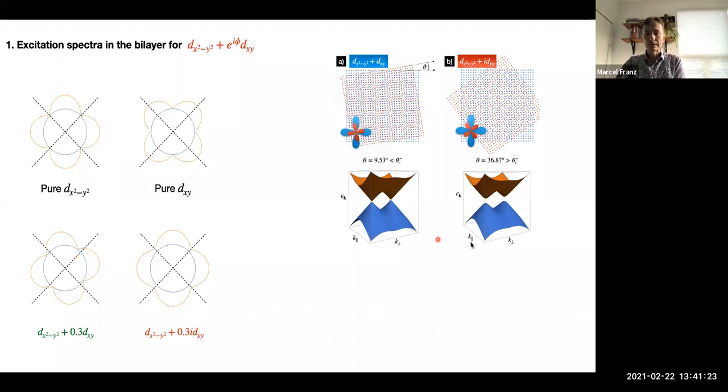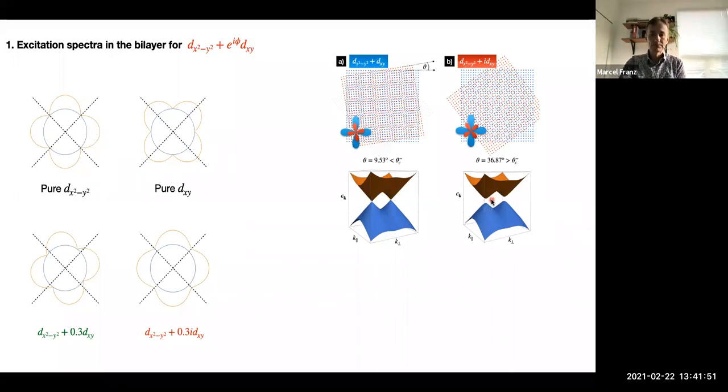There's no spontaneous time reversal symmetry breaking, and you simply get two Dirac nodes, each one coming from each layer if you zoom in on one of these regions. However, when your twist increases beyond a certain critical value, which depends on details, then you go into this time reversal symmetry broken phase, and the excitation spectrum near these nodes looks like this.